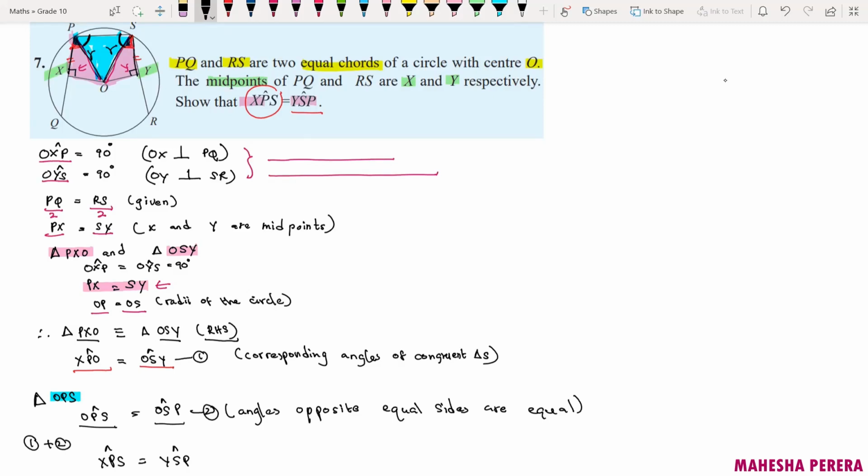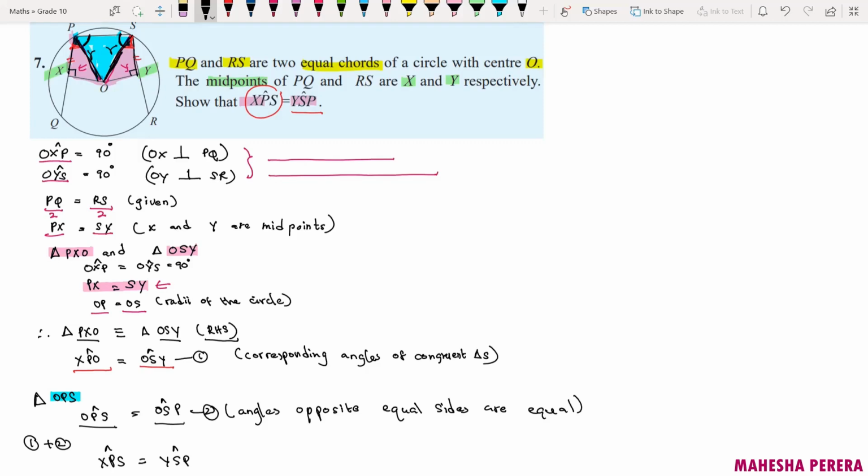It is actually the radius of this circle. Since these two sides are equal, the opposite angles should be equal. This is the isosceles triangle theorem: angles opposite equal sides are equal.